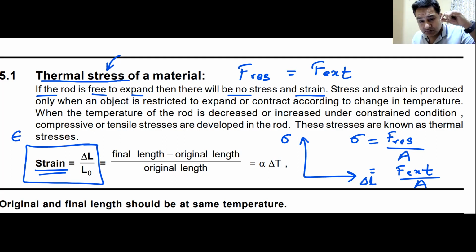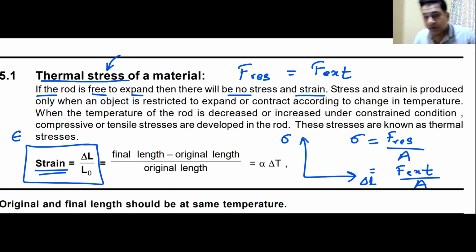Strain is change in dimension divided by original dimension. So if it is length, change in length divided by length. If it is breadth, change in breadth divided by breadth. If it is area, change in area divided by area. If it is shape, change in shape divided by original shape. If it is volume, change in volume divided by original volume. Do you understand this? Yes, sir.